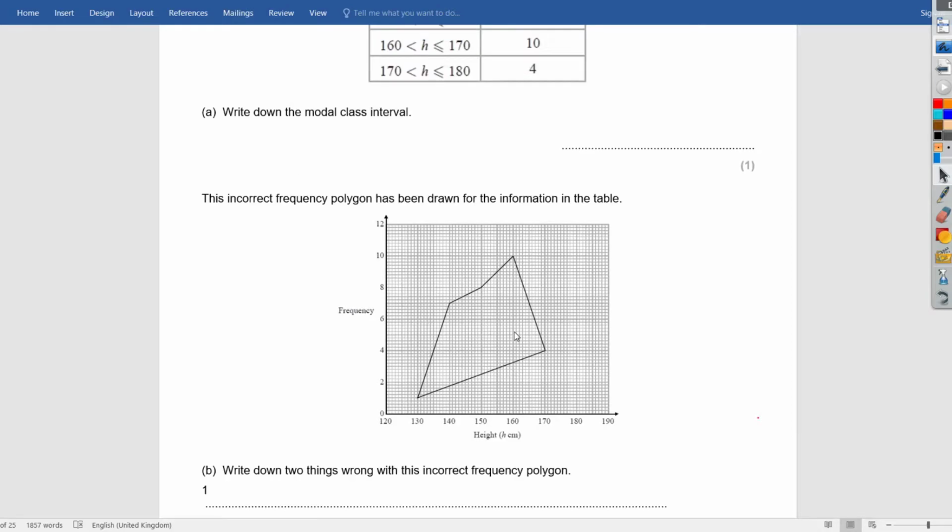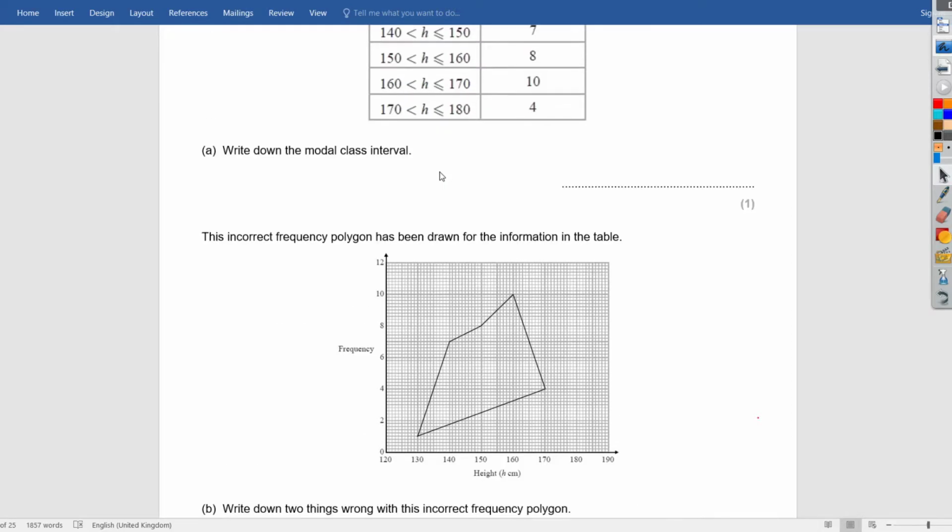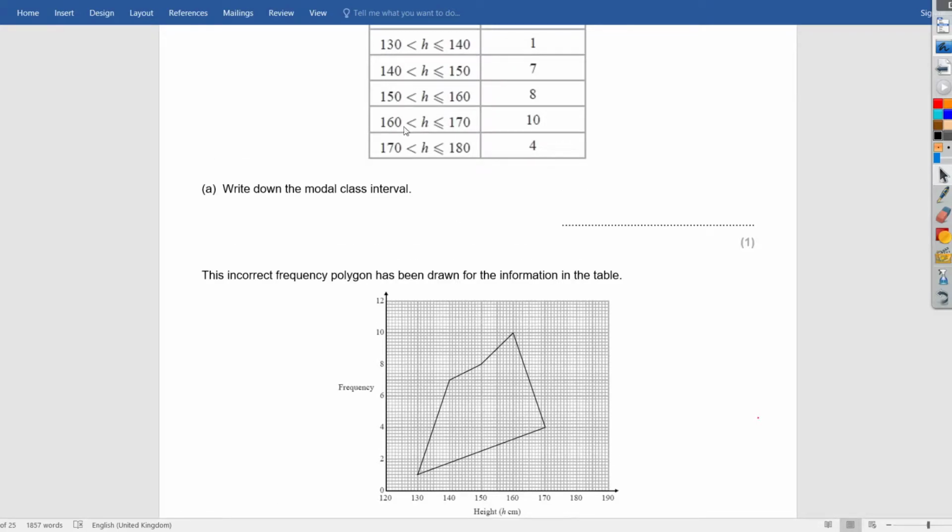And straight away what you can notice is they've plotted the points at the beginning points here. They plotted it against the beginning points. When you do a frequency polygon, this should be plotted at the midpoint, in the middle of this. This should be plotted at 135. This point should have been plotted at 145.